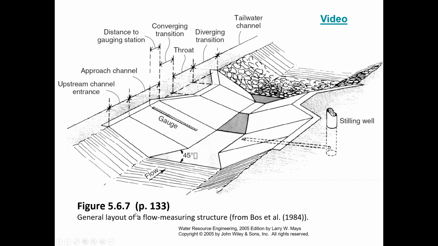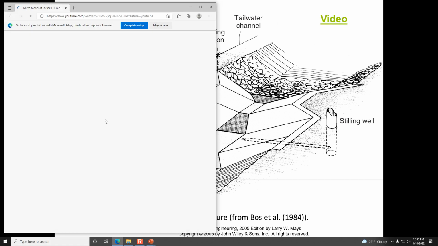Here's the flow, so upstream, the water's flowing in this direction. The channel gets narrower, and then the water flows down a hill and forms a hydraulic jump, because it got narrower and flows downhill. The hydraulic jump occurs in the diverging section where the channel is getting wider again. This video just illustrates that briefly.